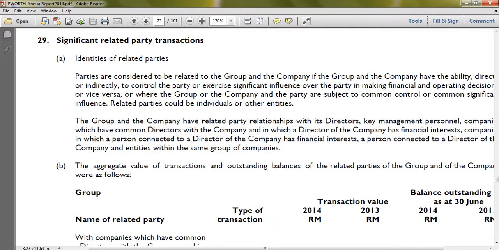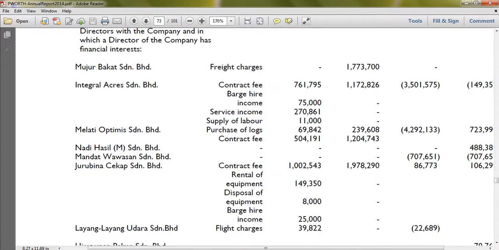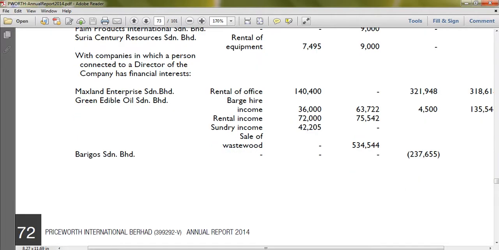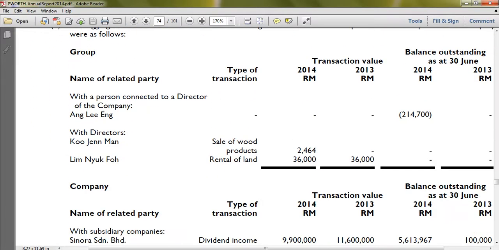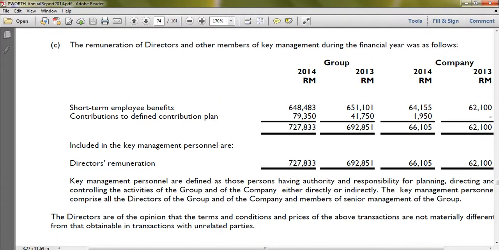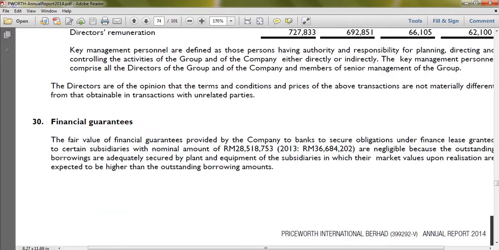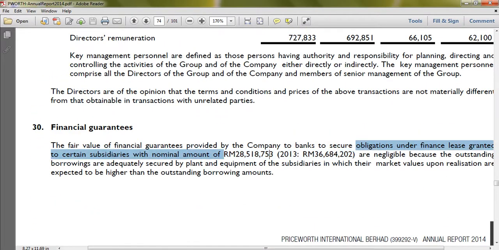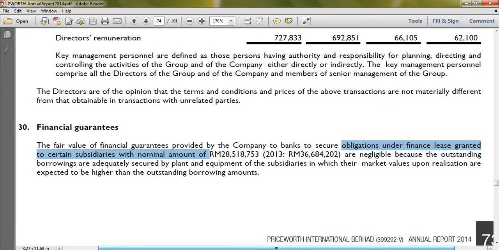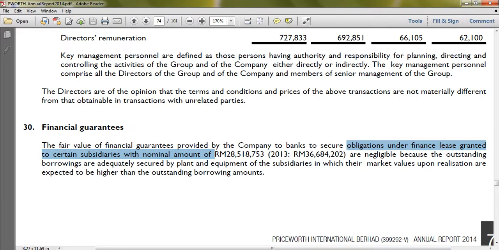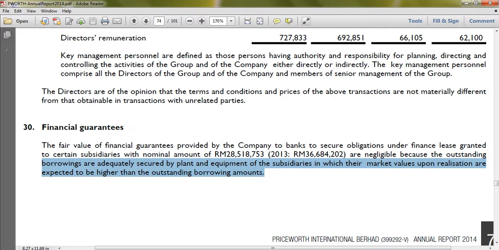Related party transactions. Just ignore this one. Financial guarantees, and secured operations, okay. Because the outstanding borrowing amount, just see how it goes.